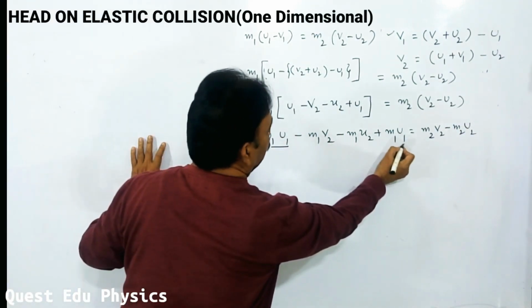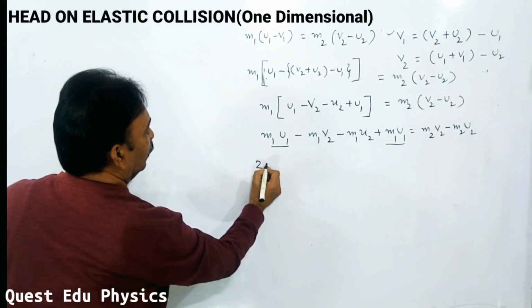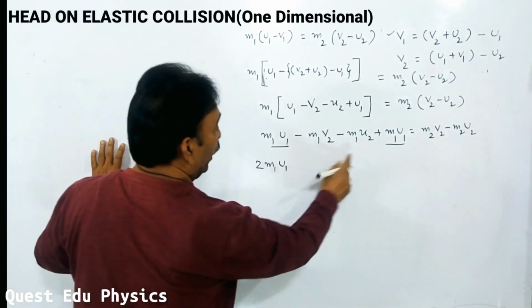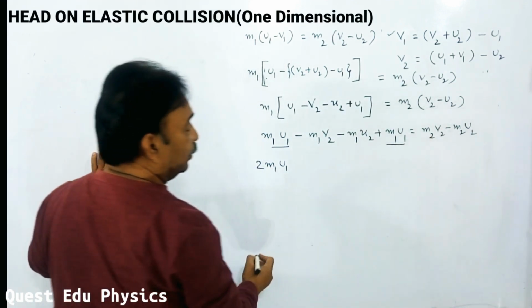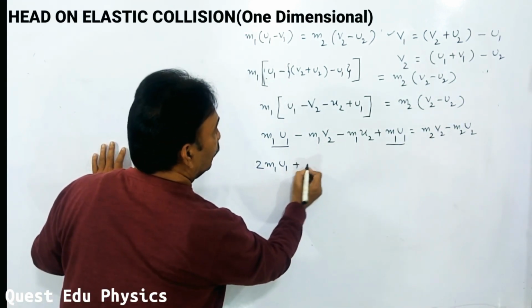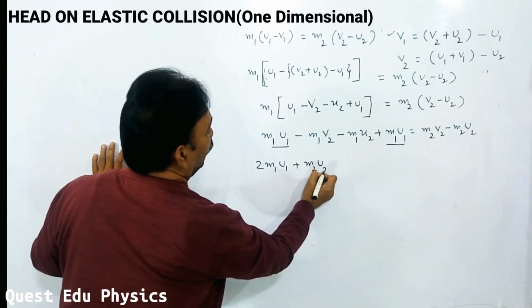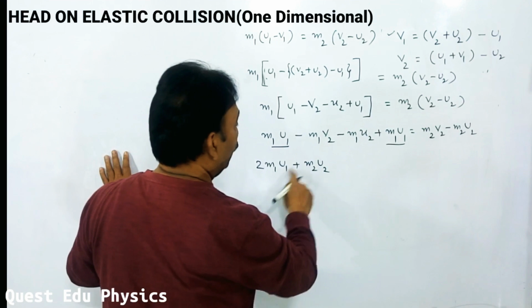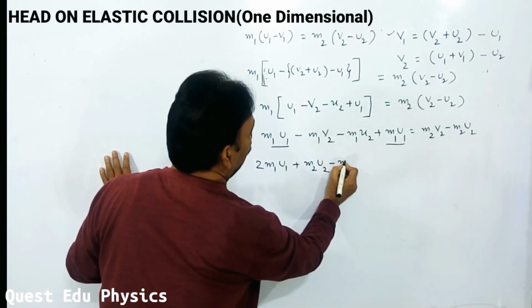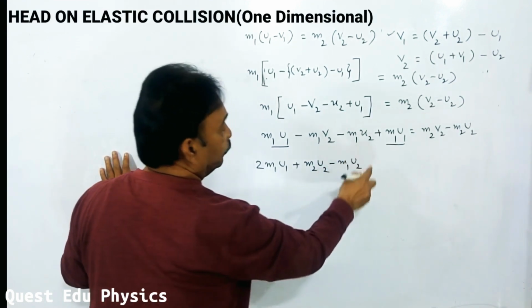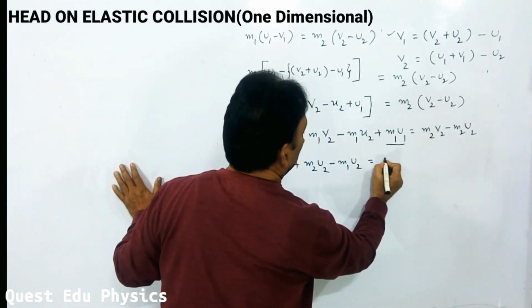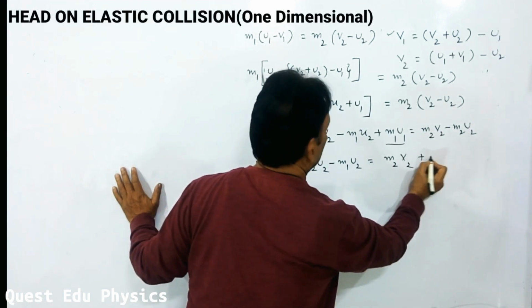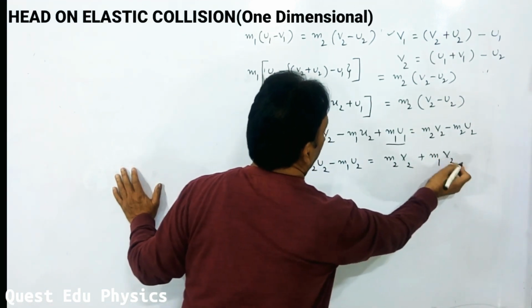Here we are adding these two. What we get? 2m1 u1. I am bringing the u2 terms to one side: plus m2 u2, and we already have the term minus m1 u2. I am taking the v2 terms out: m2 v2 plus m1 v2.